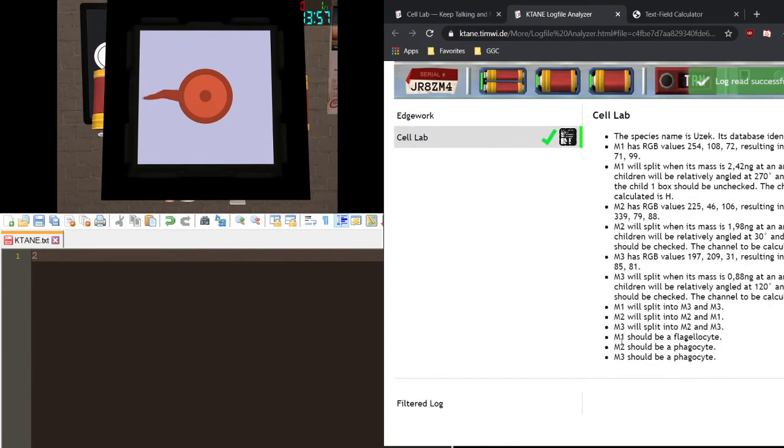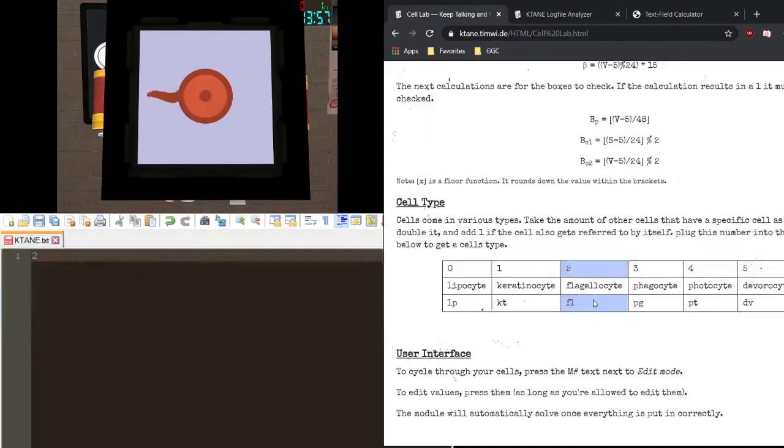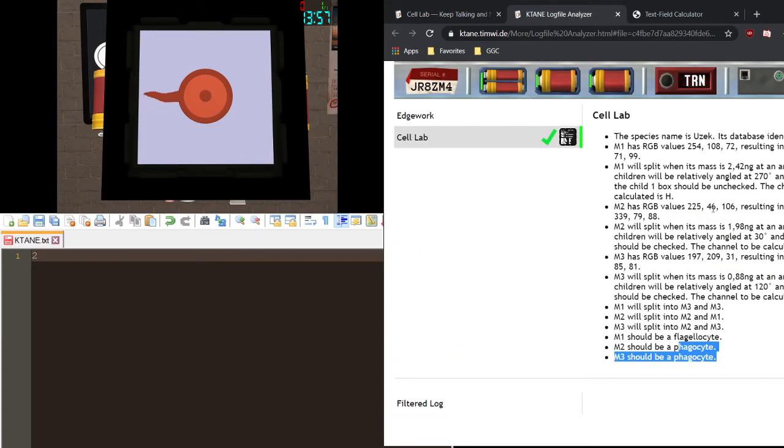So, it says M2 and M3 should both be phagocytes, which corresponds to 3. So, let's take a look at this. For M2, M2 has a child that has the same cell number as the cell itself, so we add 1.